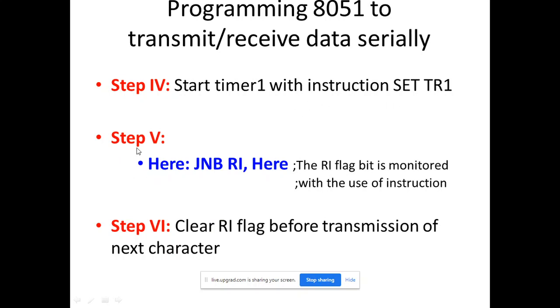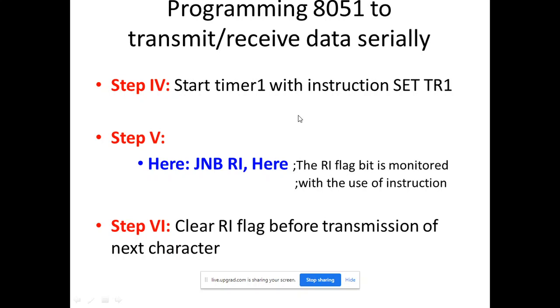The only change is in the fifth step, here check the RI flag. What do you mean by RI? Whether reception is done completely or not. Initially RI equal to 0 means new data is not fully received, and that's why I remain in the loop. When RI becomes 1, that time I come out of it, which indicates that my data is fully received.